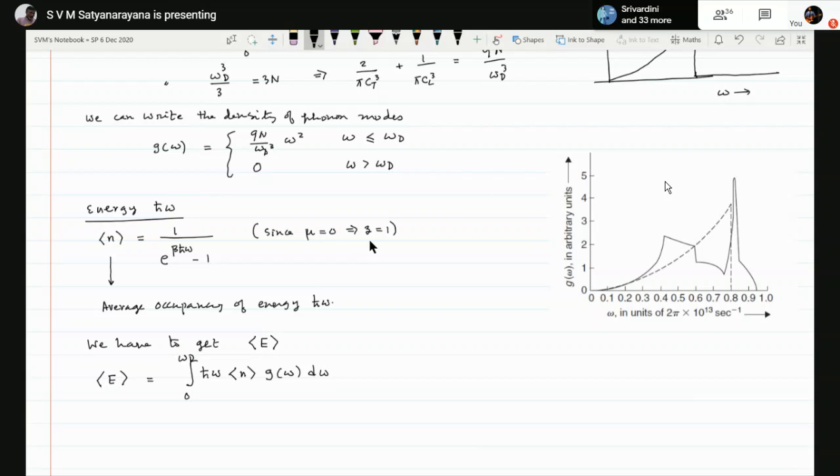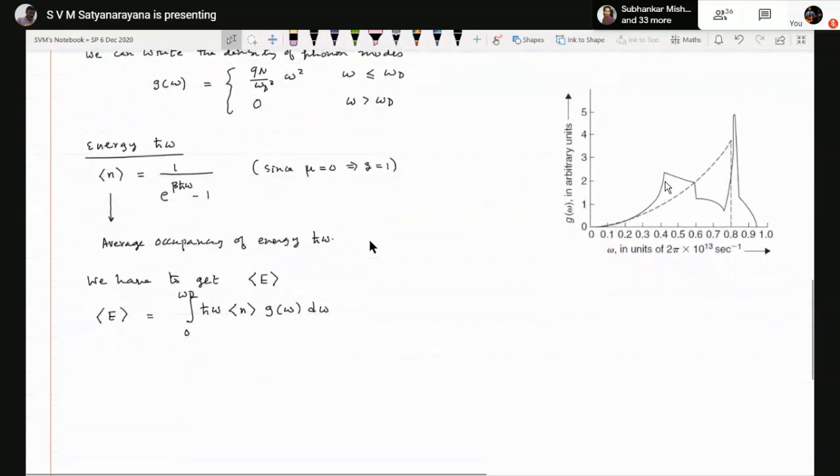So that's my average energy, h bar omega, and g of omega, as I have written there, is 9n divided by omega d cube.